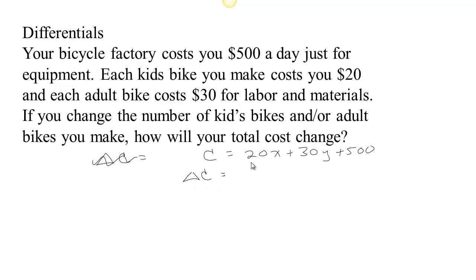And you can see that since it's linear, you could just take the slope times the change in the kid bikes plus the slope times the change in the adult bikes. Okay, so this just has a similar form as before, except we have two possible inputs that we could change. We could actually write this as a matrix product.